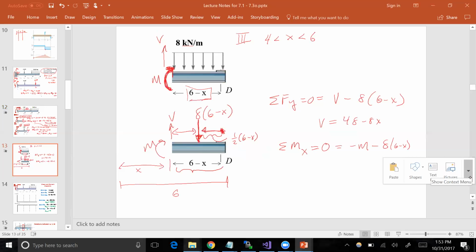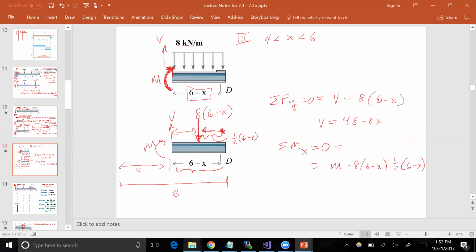So we put that here. I'm kind of running out of room, so let me move that down below and do the whole equation down below. It equals minus M minus 8 times 6 minus x times 1/2 times 6 minus x.